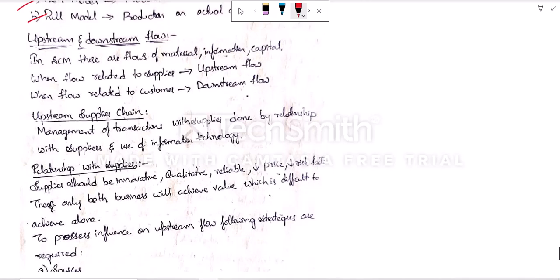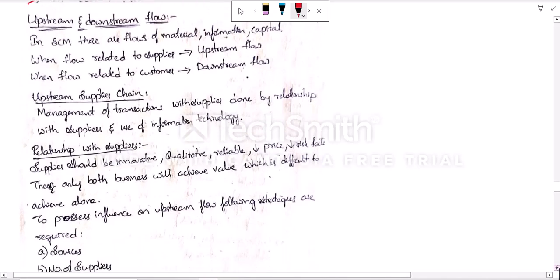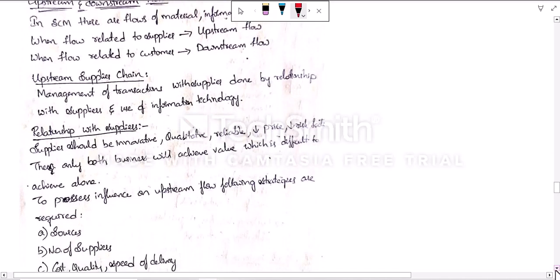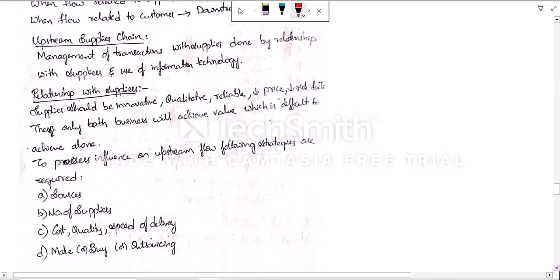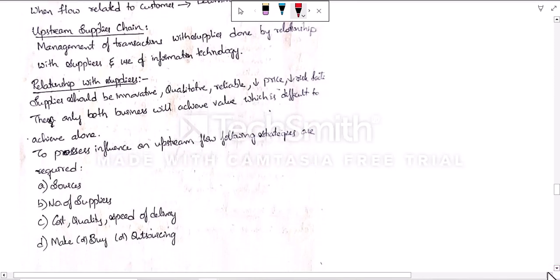So we will discuss in detail regarding this upstream supply chain and downstream supply chain. Coming to the upstream supply chain, we will manage transactions with suppliers by having relationships with suppliers and use of information technology.